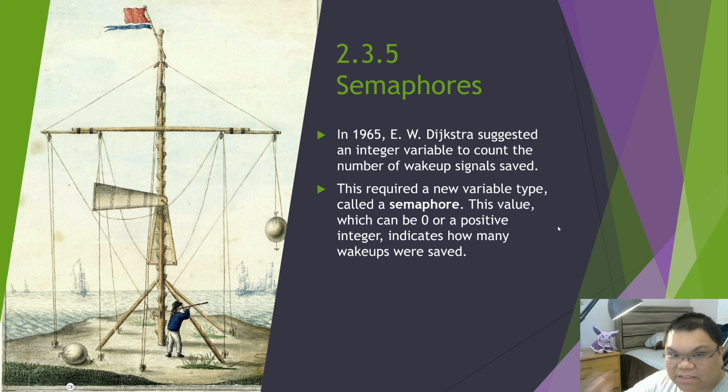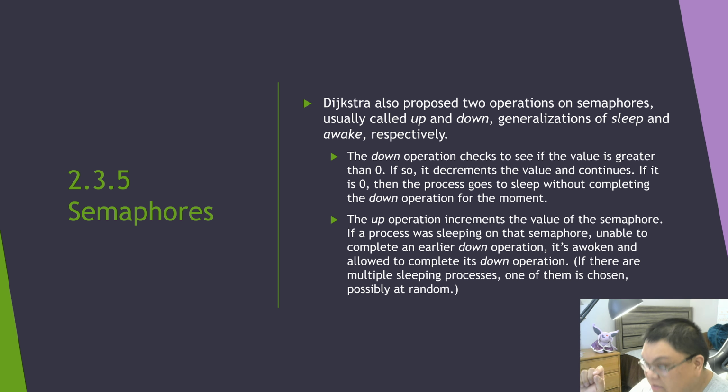What are we trying to signal? Well, we'll see. So Dijkstra also proposed two operations on semaphores. They're usually called up and down. Down decrements the value. So the down operation checks to see if the value is greater than 0.